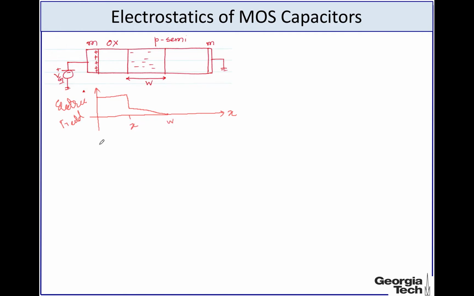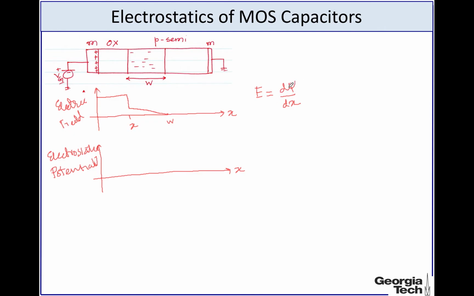Alright, so now what we want to do is calculate the electrostatic potential distribution in the MOS capacitor. So what we'll plot is electrostatic potential. Now what is electrostatic potential? The electric field is a space gradient of the electrostatic potential.